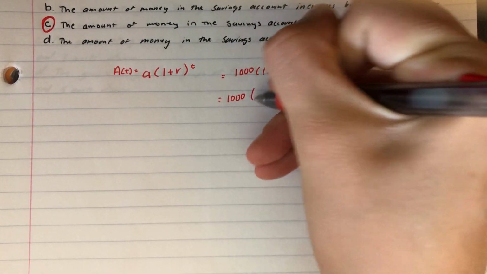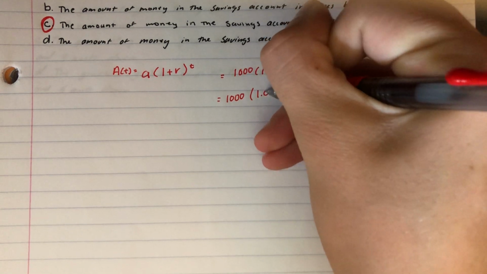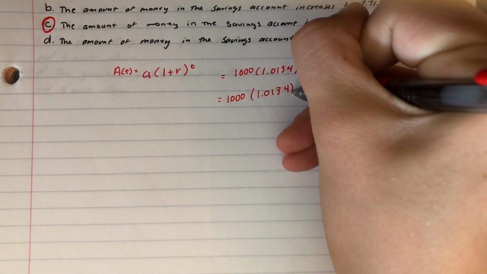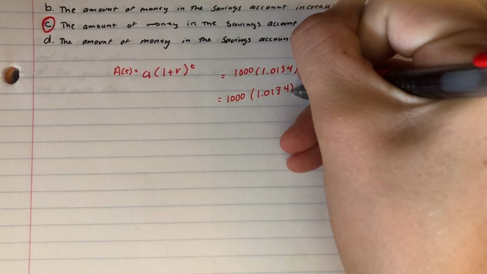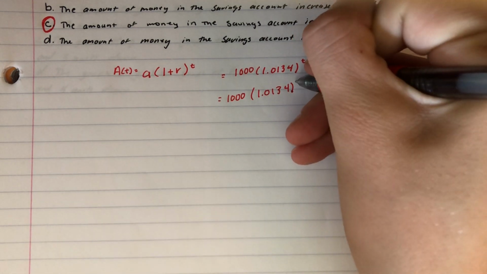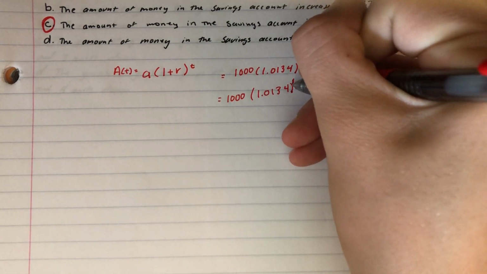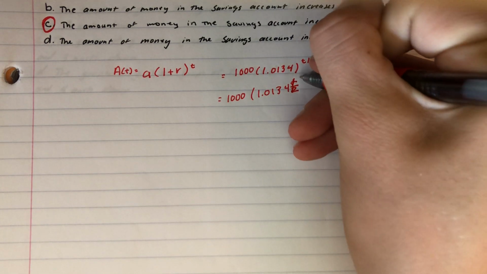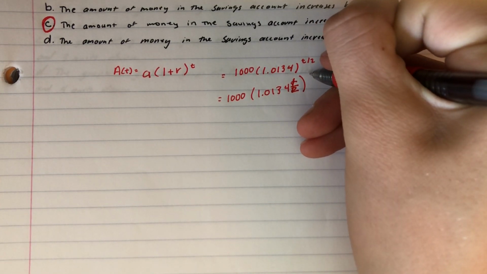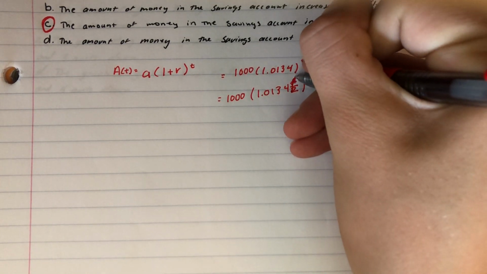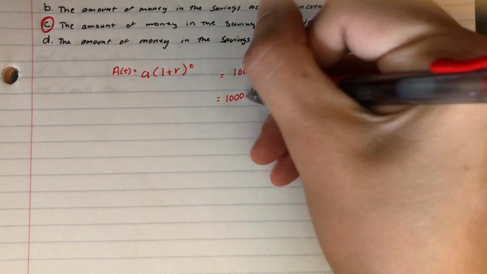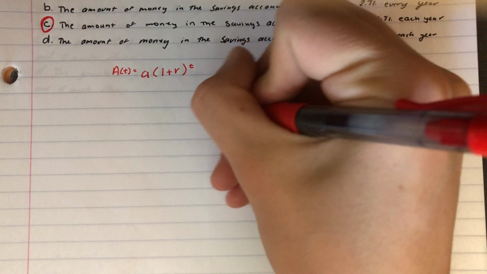1,000, 1, 3, 4. And you see here, I'm going to actually edit and put a 1 over 2 here. Excuse me, I'll scratch that.